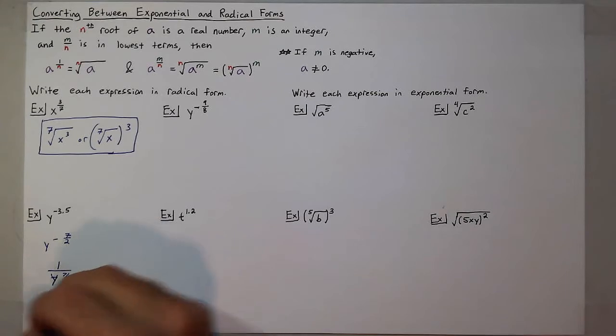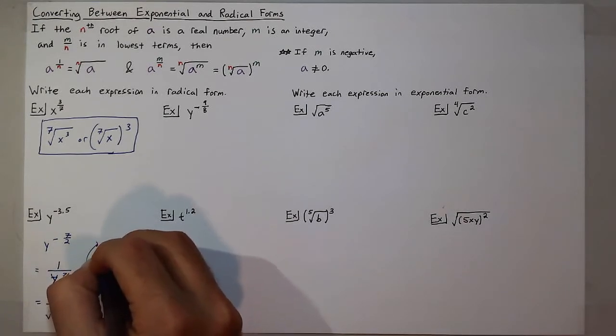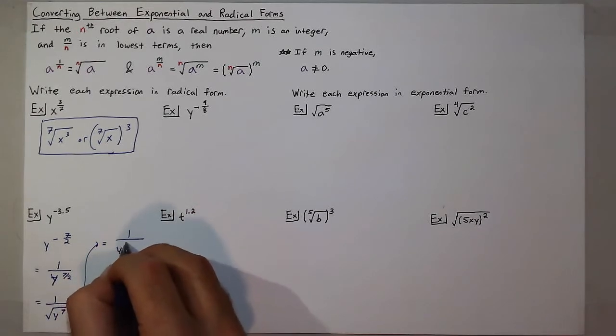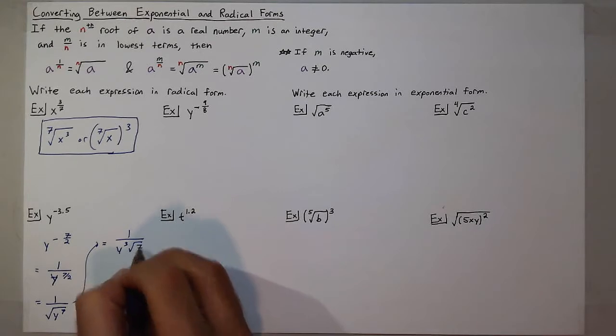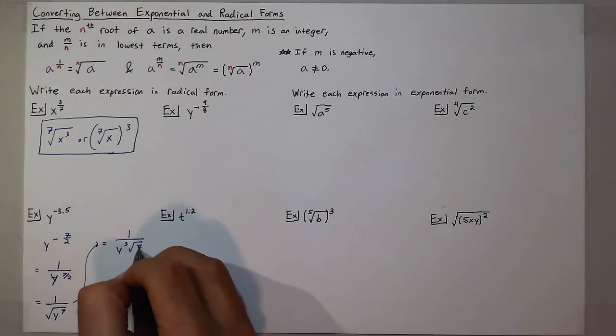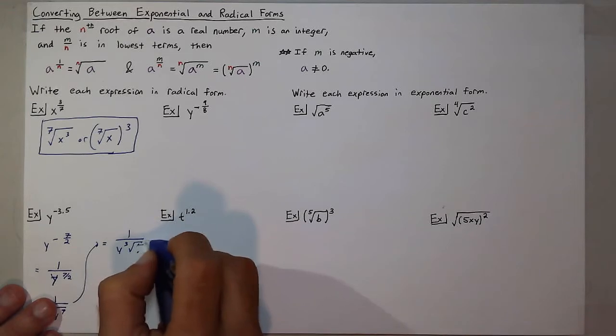And if I were to simplify this expression, I would have 1 over y cubed square root of y, because I have y to the 6th, or 3 perfect squares of y. Let me fix that. I accidentally wrote a 7.